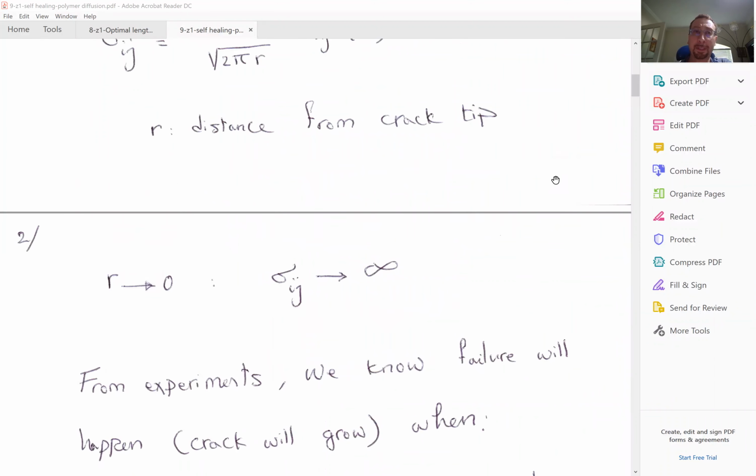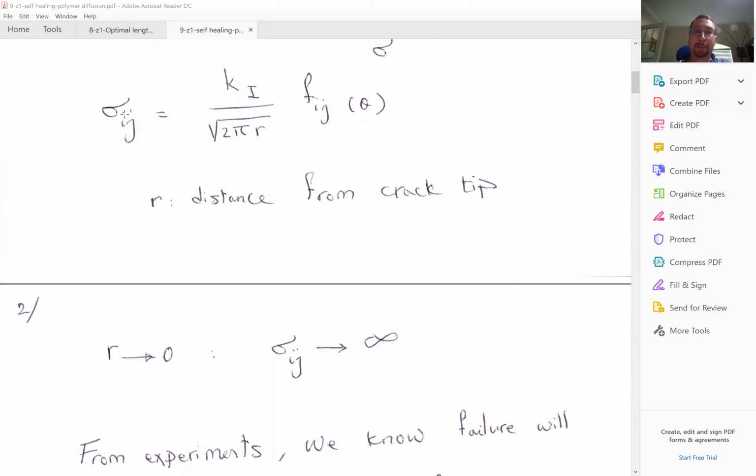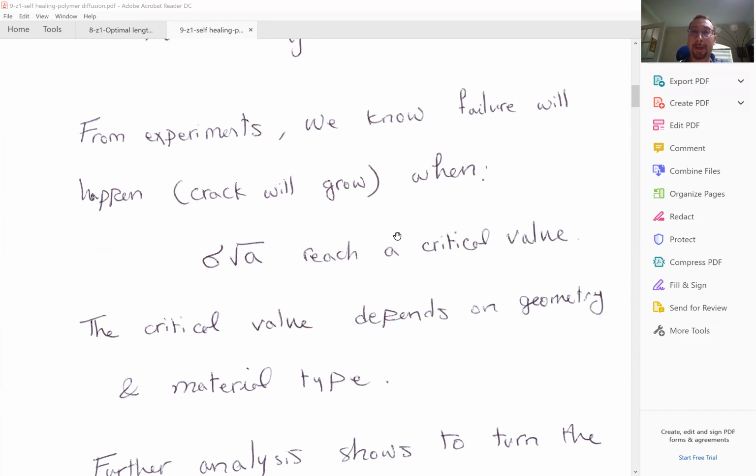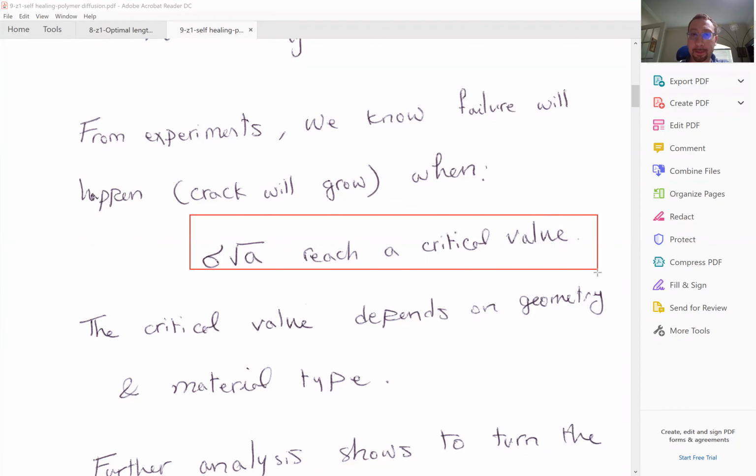Now, if you look at this, the product of sigma ij times some square root of a length will be finite. And as a matter of fact, from experiments, we know that in many materials, and there's a lot more science that goes beyond this lecture, the crack grows when the product of a stress and the square root of a, the crack length, reaches a critical value.